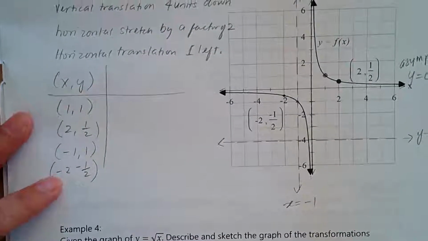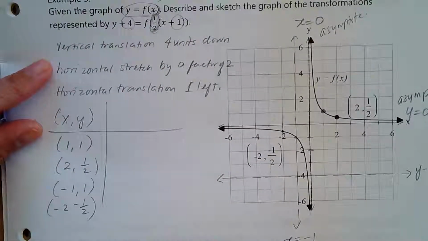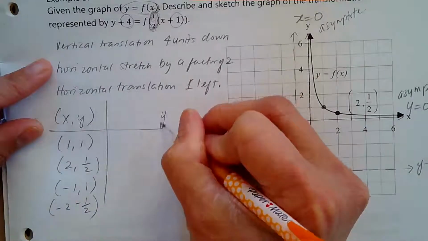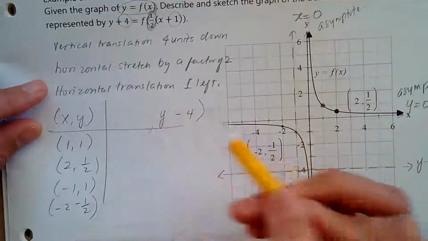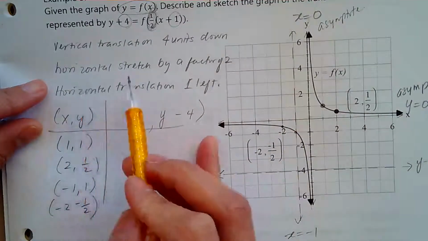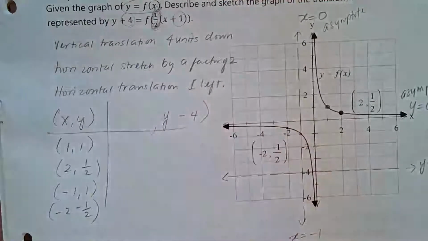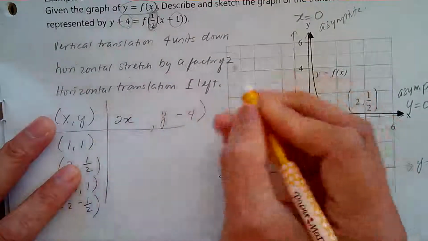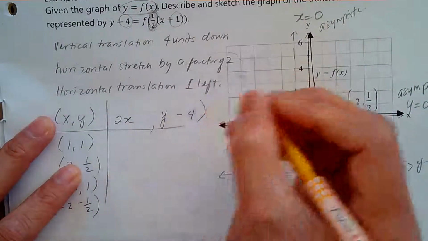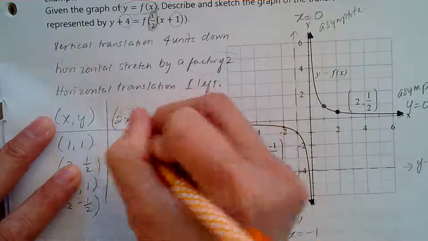So let's see what your translation is. Vertical translation of 4 units down, so that's going to be y minus 4. And horizontal stretch by a factor of 2, so that means 2x. Horizontal translation 1 left, so it's -1.